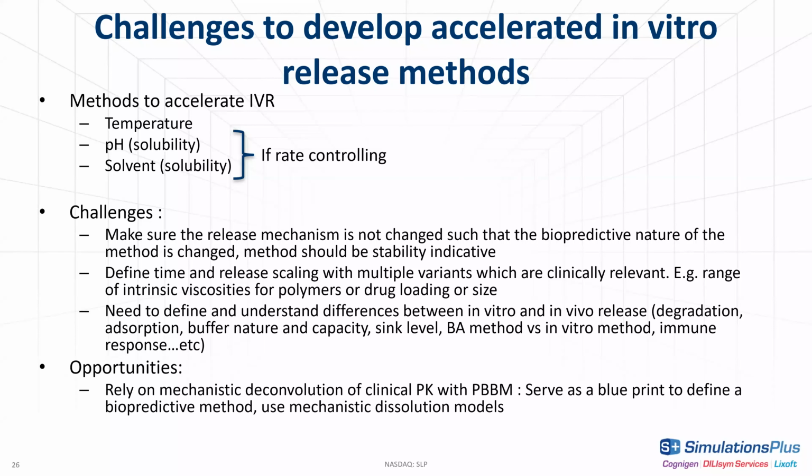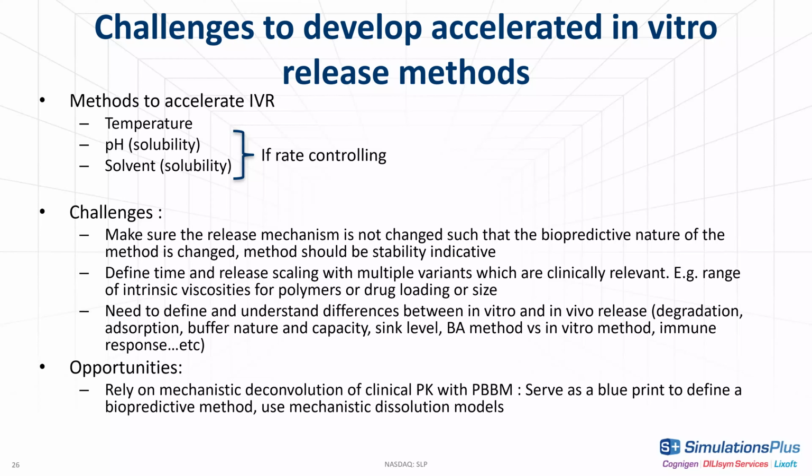Ultimately, we're looking at product quality, but also in view of what we give to patients. So if you completely change the release mechanism, if you move from diffusion to erosion, you may not be looking at the right parameters, and the quality attributes you see with that release testing method may not apply in vivo.